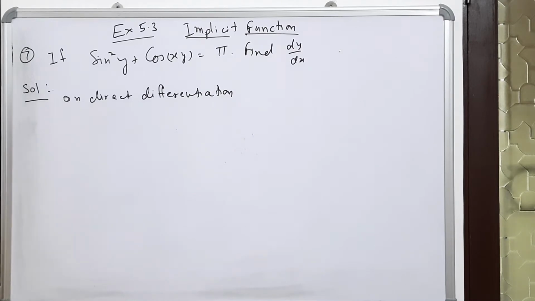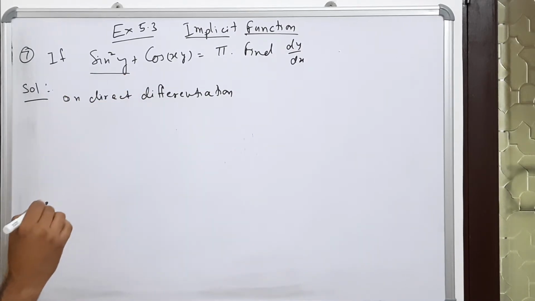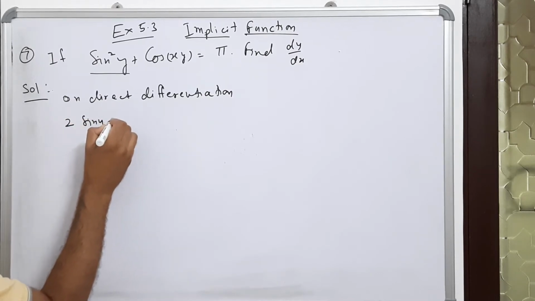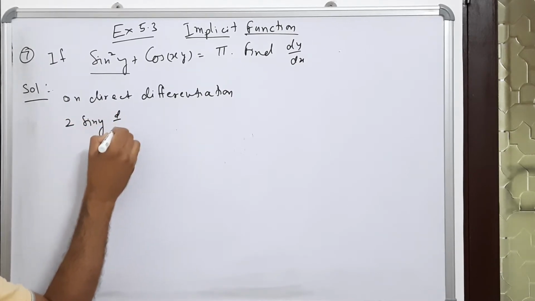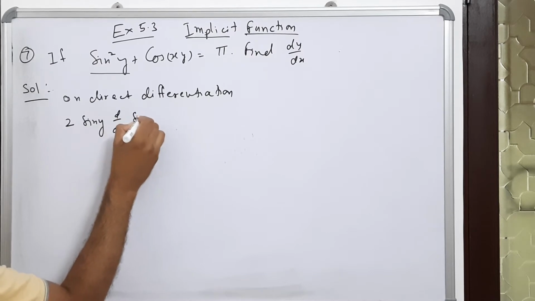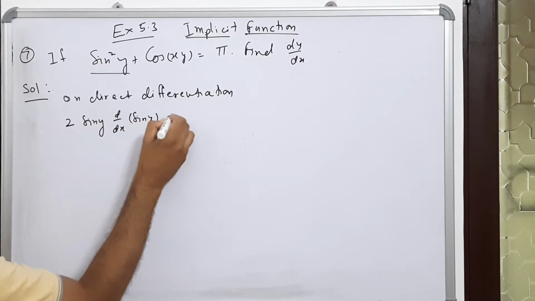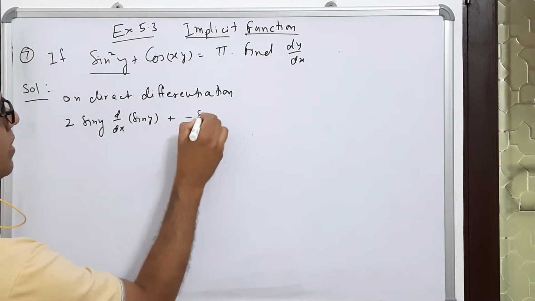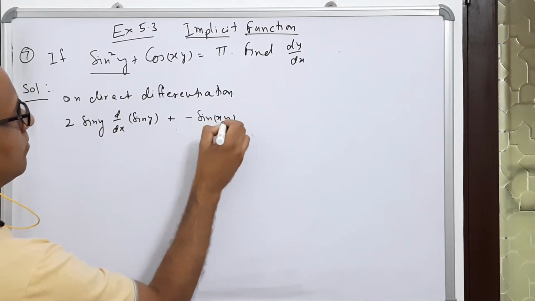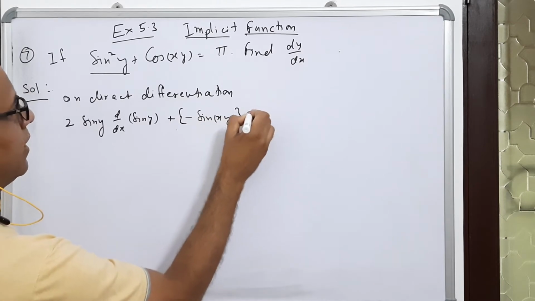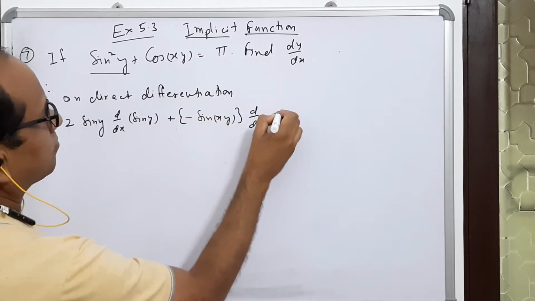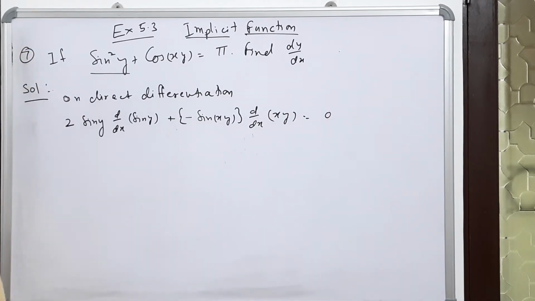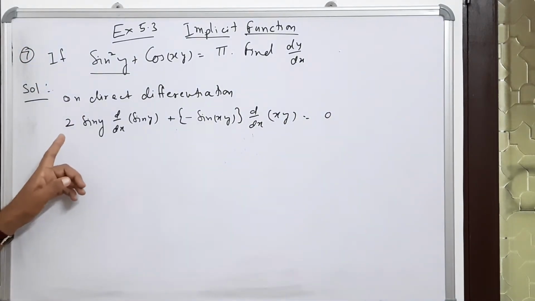Sine square y will be 2 sine y and then d by dx of sine y, plus cos xy will be minus sine xy and then d by dx of xy, and the derivative of pi is 0. So this is the first step.